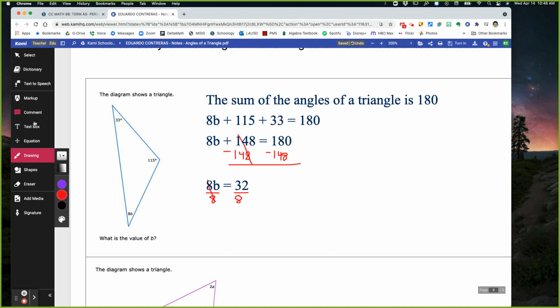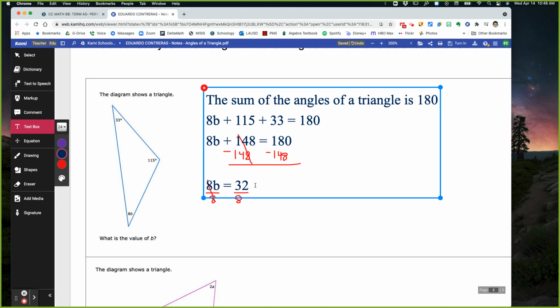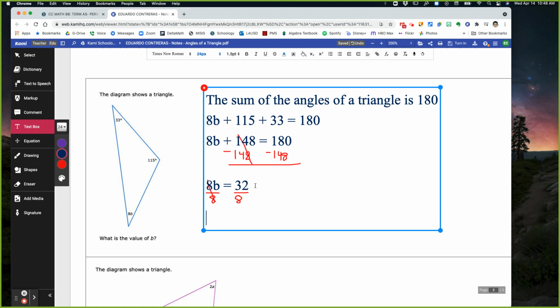And I'll go back to my text box. Since I divided by 8 on both sides, I'm left with b by itself equals 32 divided by 8, which is 4. So b is equal to 4. Okay. Any questions?